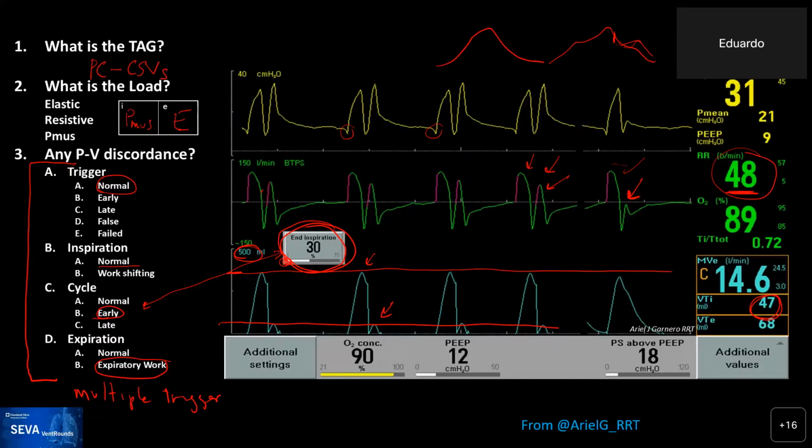So the patient relaxes the expiratory muscles, then takes a breath in, and so they trigger the breath and then activate the diaphragm. And so that may give you this image on the triggering, causing issues with ventilator synchrony. So really, really interesting.